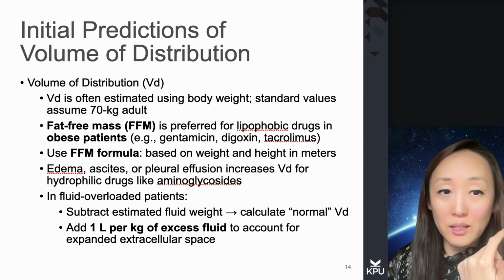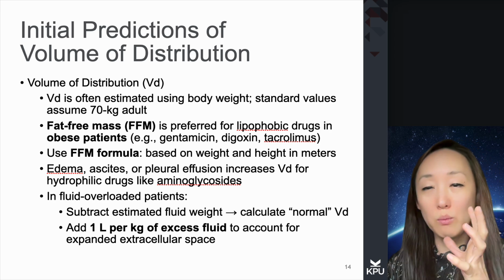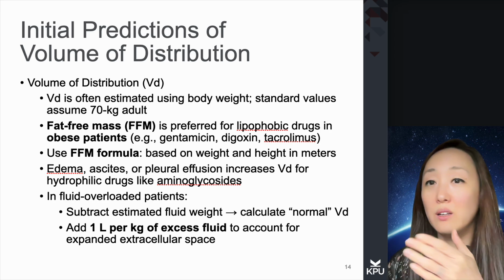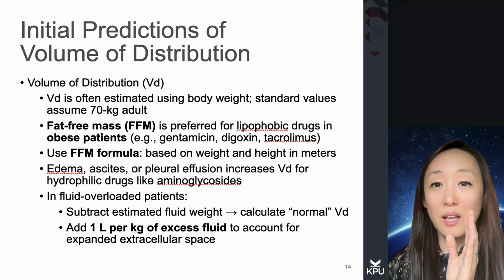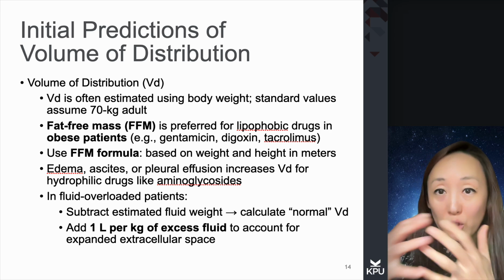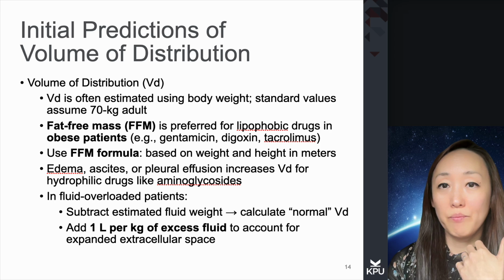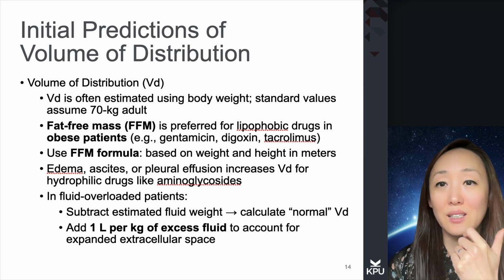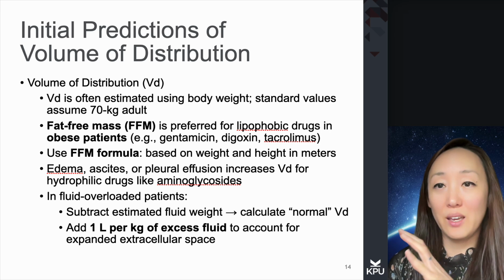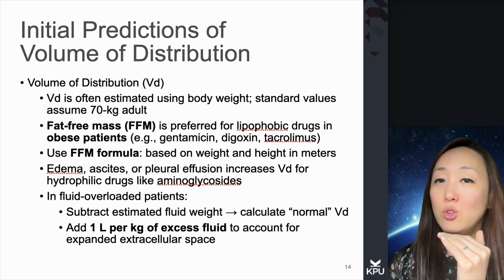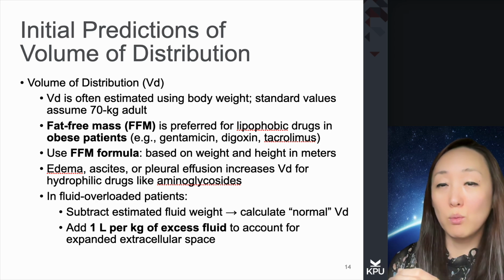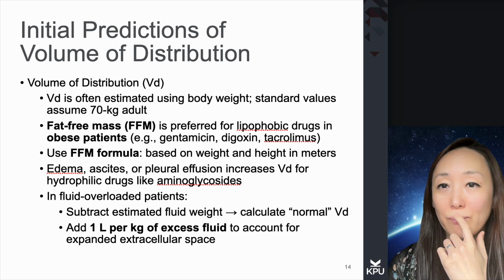So unlike the other case with more obese patients, we have hydrophilic drugs like gentamicin that can actually distribute and accumulate in that space. So for those cases, we have to subtract the estimated weight of the excess fluid and use this dry weight to calculate the normal volume of distribution.